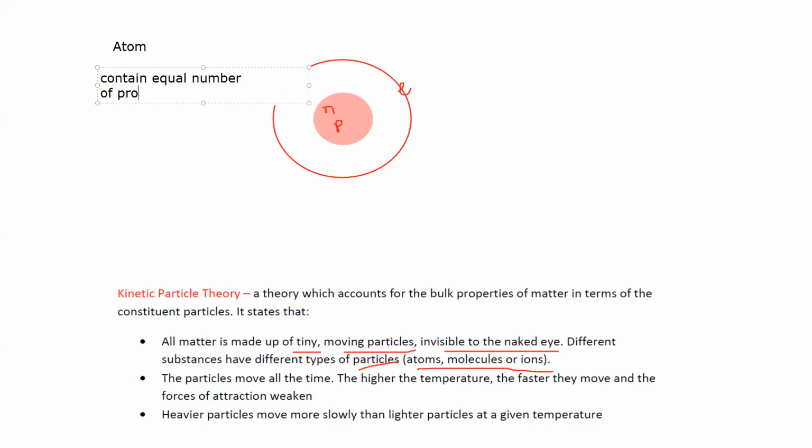So if the matter consists of atoms which have different numbers of protons and electrons, we say that matter consists of ions. So a matter can be made up of atoms, molecules, or ions. Is it clear? Any doubt? Any question? The concept of atoms, molecules, and ions.